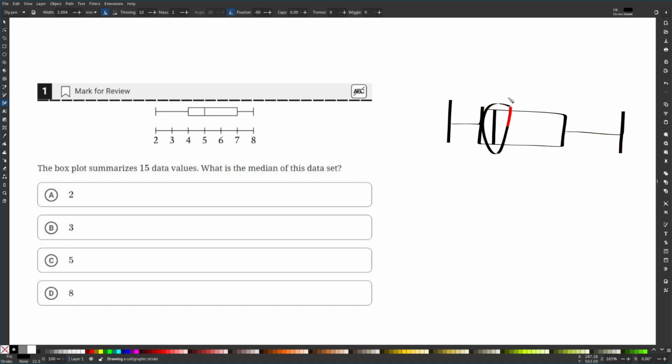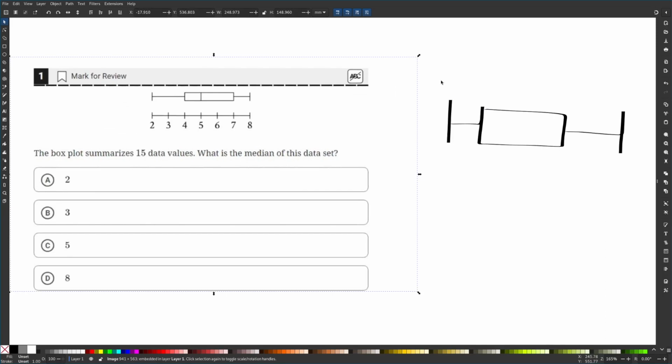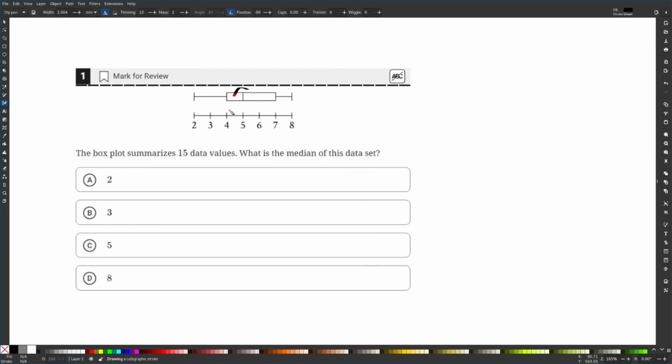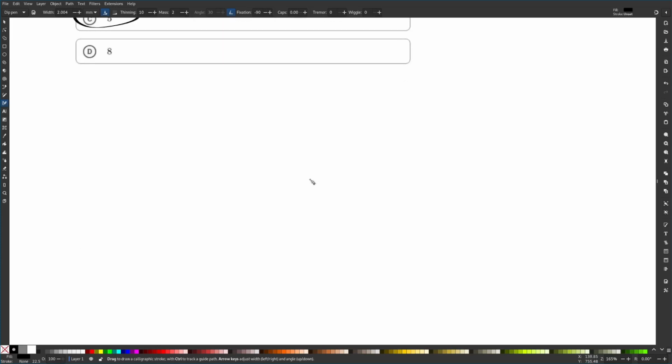And that's the median for box plots. Okay, what is the median? Okay, see it's below that line, it's 5. Next one.